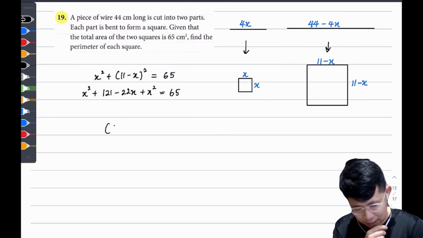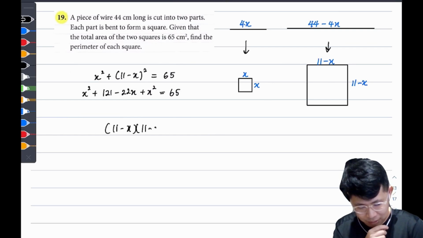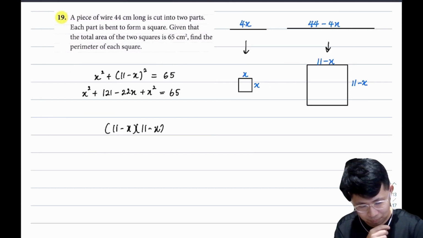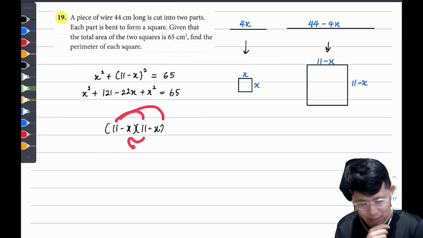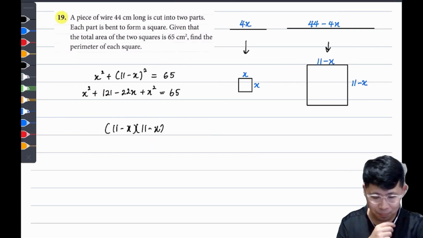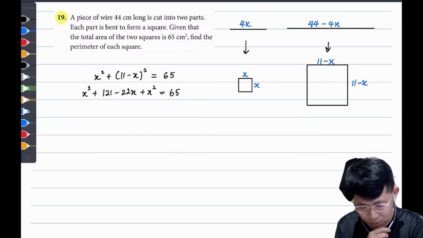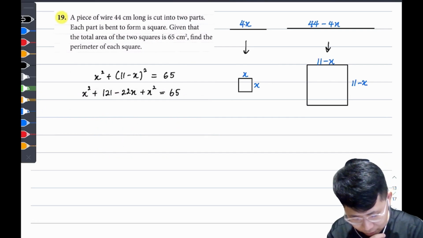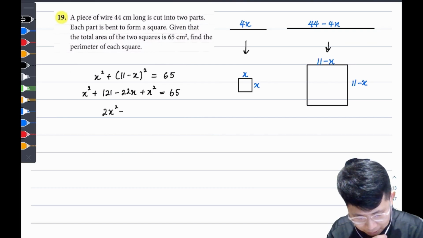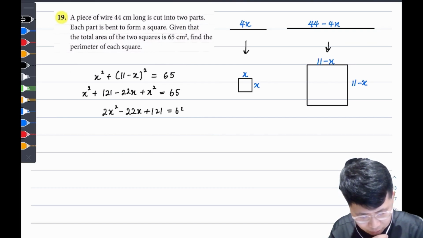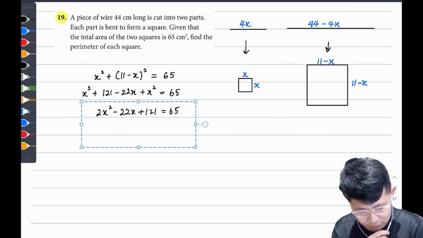Otherwise you can do (11 minus x)(11 minus x) and then expand. You still get the same thing. So on the left I have 2x squared minus 22x plus 121 equals 65.